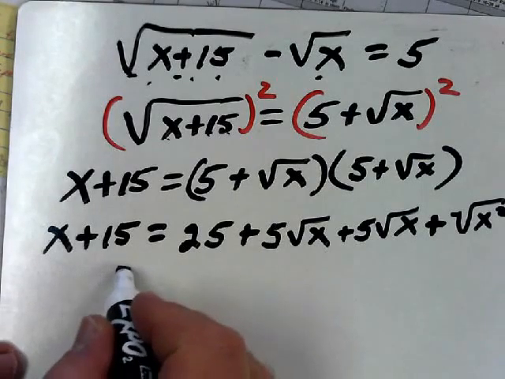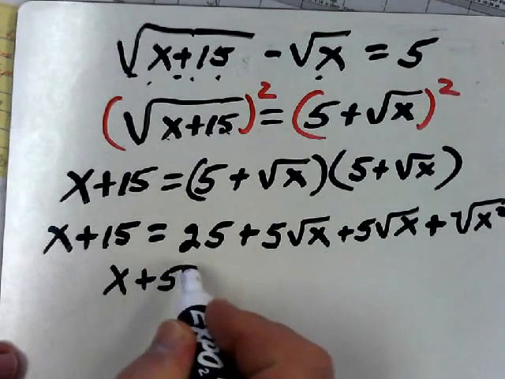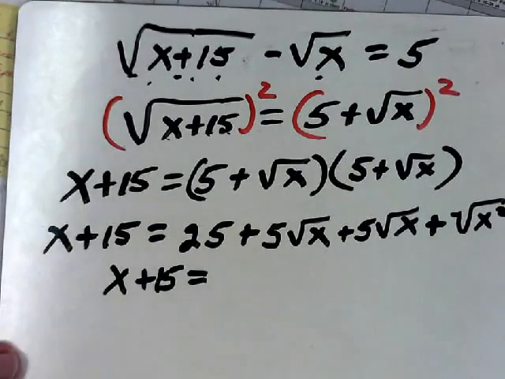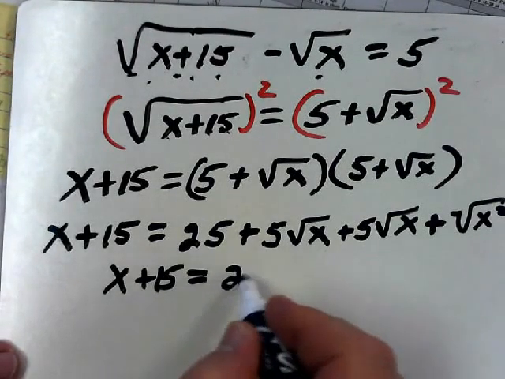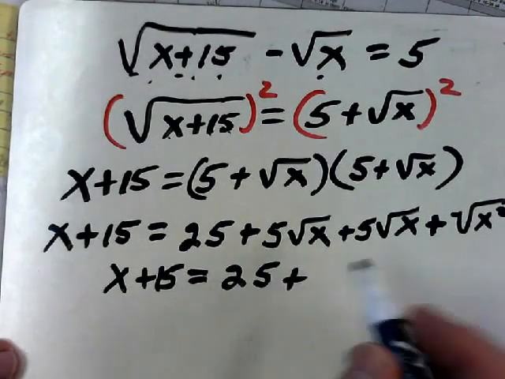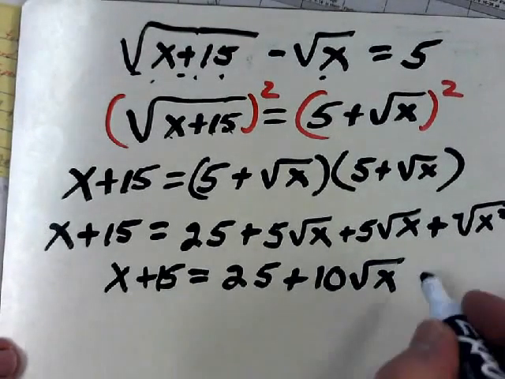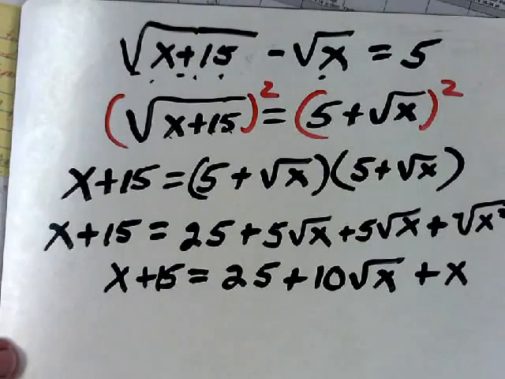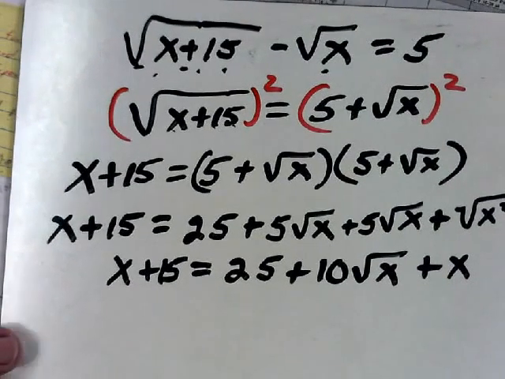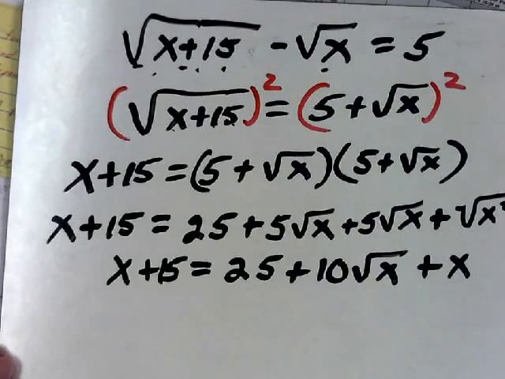So now I have x plus 15 equals 25 plus 10 the square root of x plus x. Which side do you want to isolate the next radical?